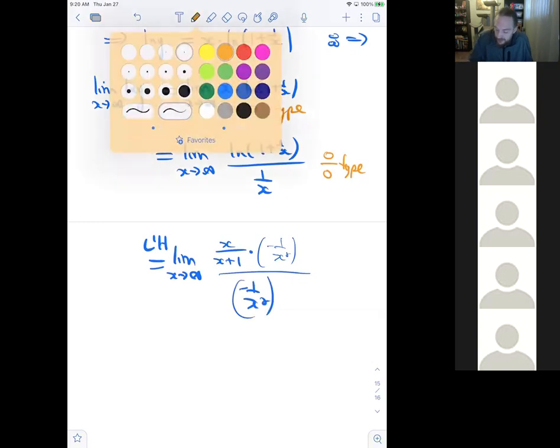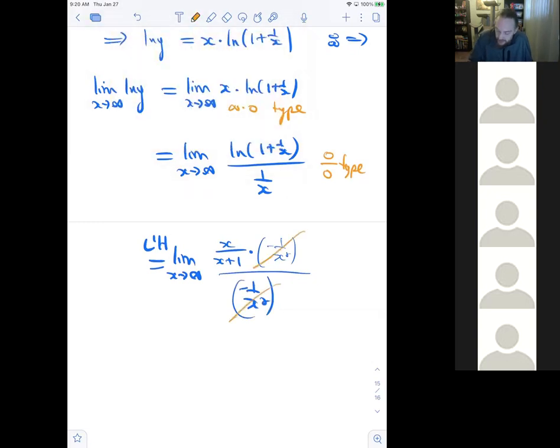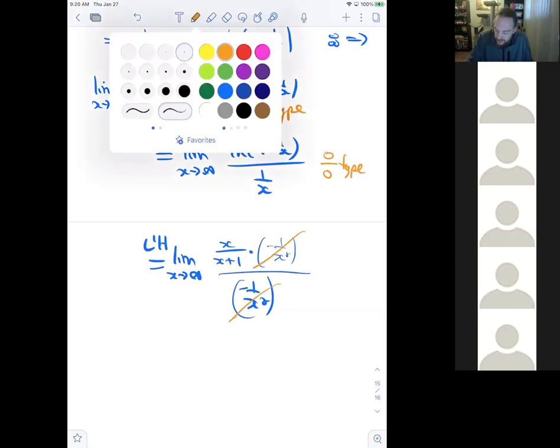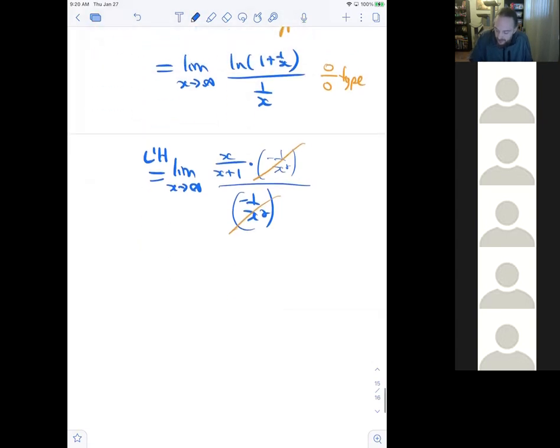These are going to cancel out. And this will leave me with the limit as x approaches infinity of x over x plus 1, which is equal to 1. Pull out the highest power on the top and the bottom, you get 1 over 1 plus 0.